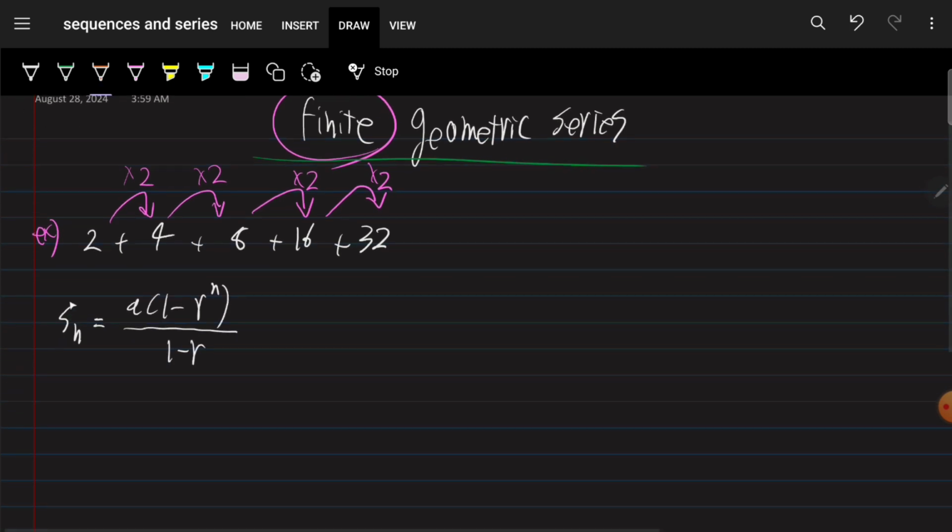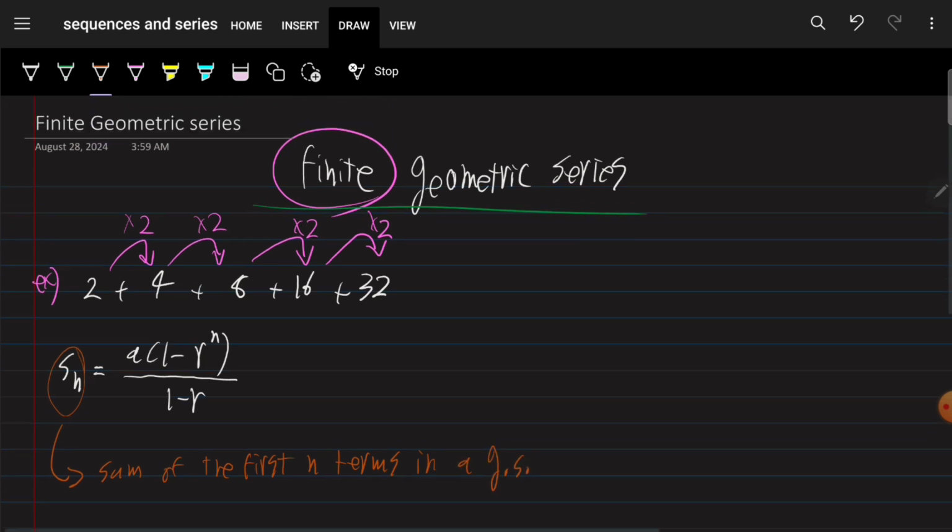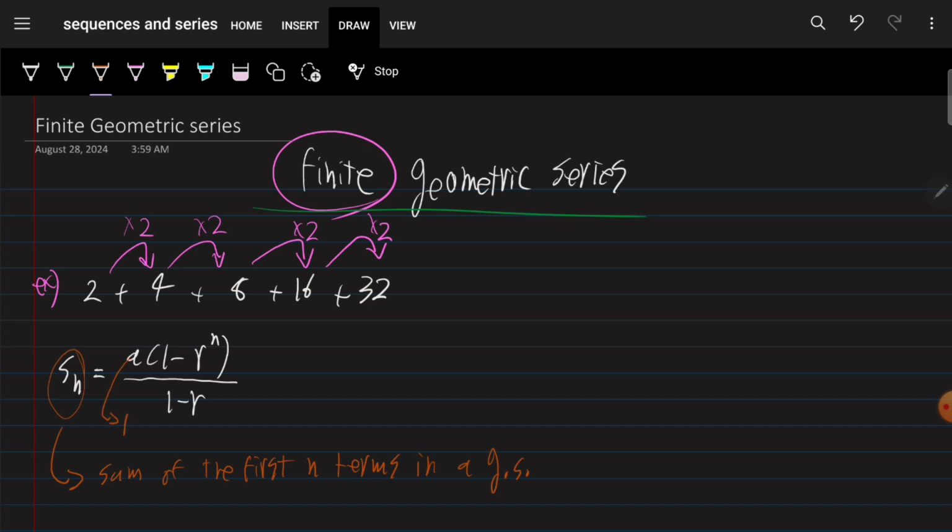The Sn here represents the sum of the first n terms in a GS, a geometric series. a, of course, is the first term. n is the number of terms.